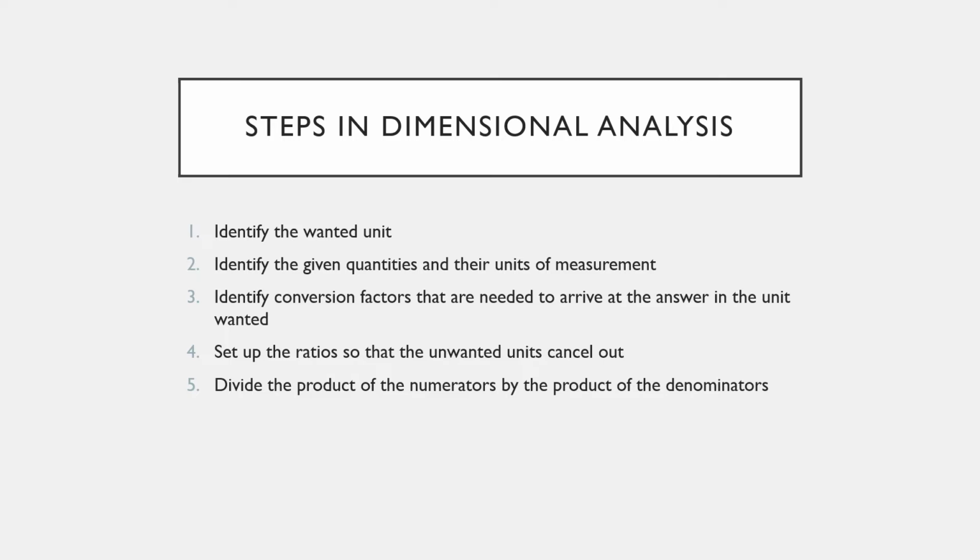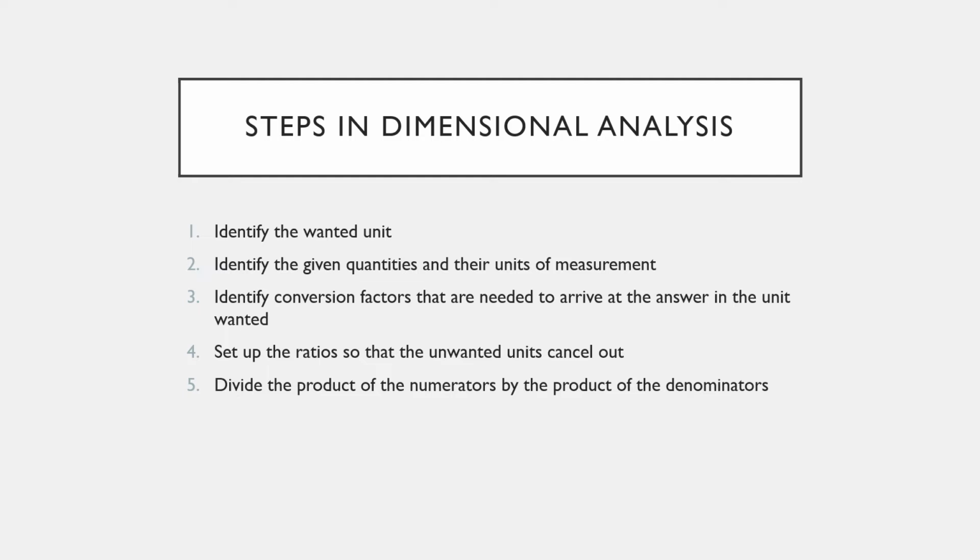And how do you do that? In this case, if the wanted unit is milliliter, like I said, and 3 liters is a given, now that tells you that you will need the conversion factor that says 1 liter equal to 1,000 milliliters.